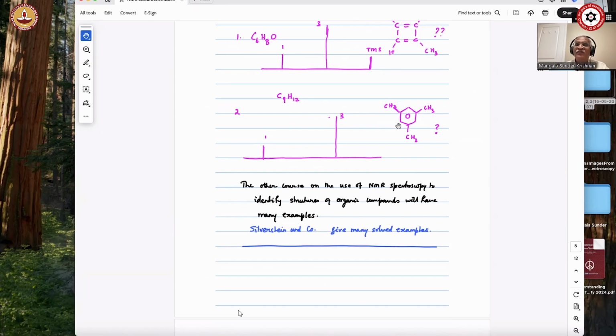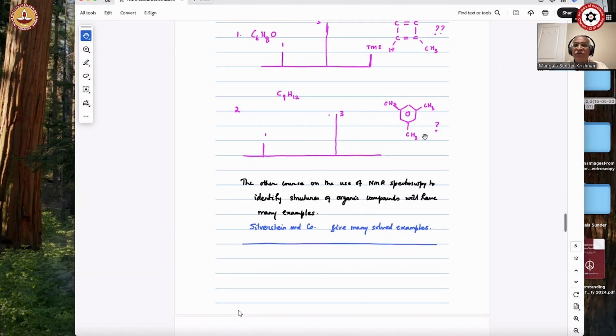This has a lower field, that is, it has a lot of magnetic field removed, and so it's easily exposed. These 3 protons, the signal comes here on the low field, and the 9 protons, the signal comes here on the high field. And the ratio 1:3 also tells you that C9H12 has this structural formula.